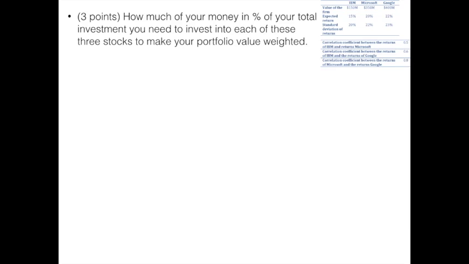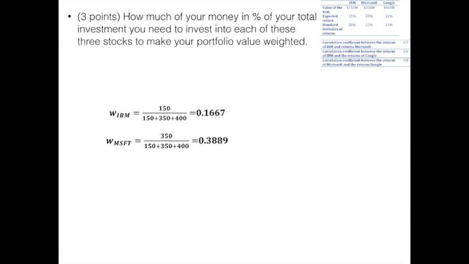If it's a value-weighted portfolio, it will be proportional to the size of the company compared to all other companies taken together. So for IBM, it would be the value of IBM divided by the sum of the values of all companies. So into IBM stock, you would invest 16.67%.